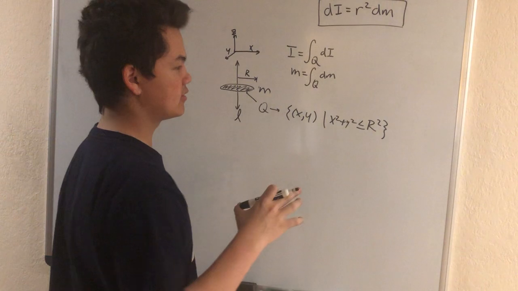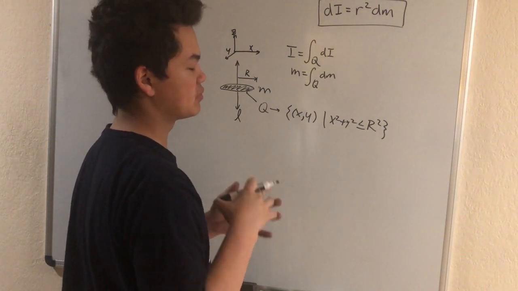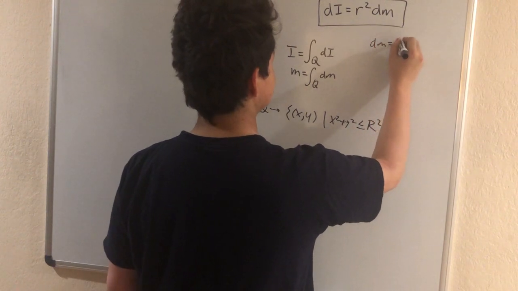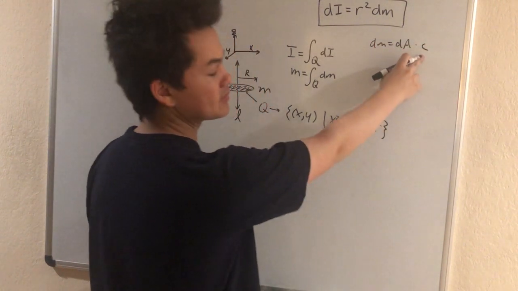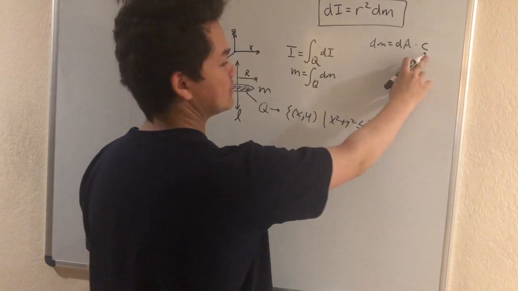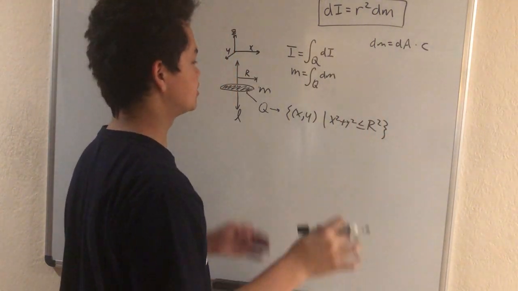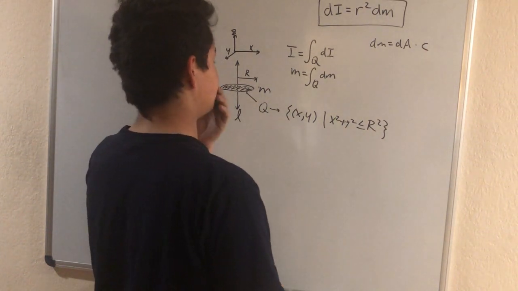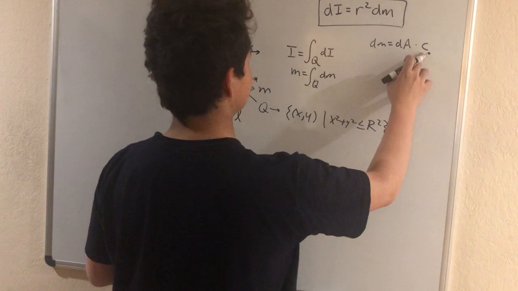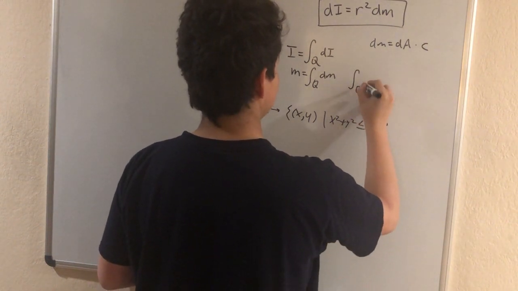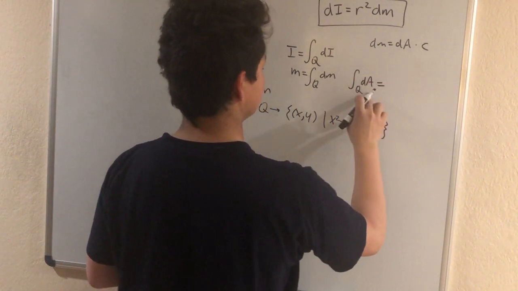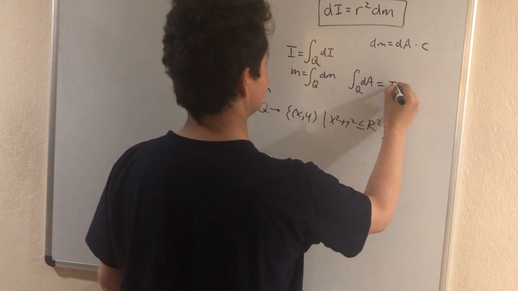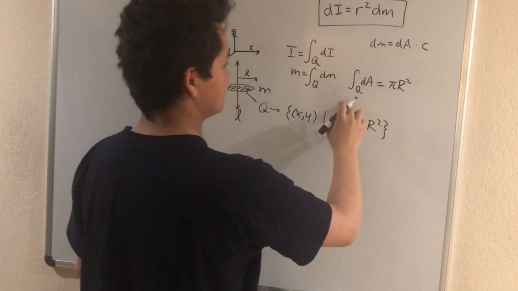Our differential in mass is going to be proportional to the differential in area. So dm equals dA times c for some constant c. It's constant in the sense that it does not change depending on where on the disk you are. The way that we can find what c is: we also know that this is just the area of the disk, which is pi r squared.